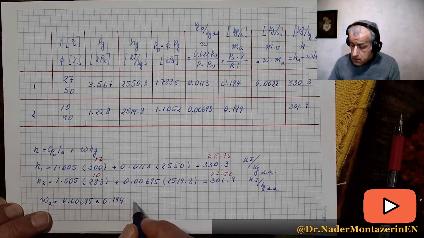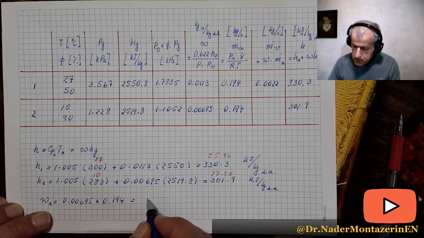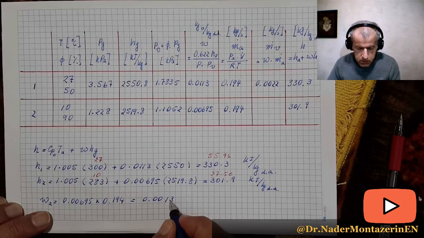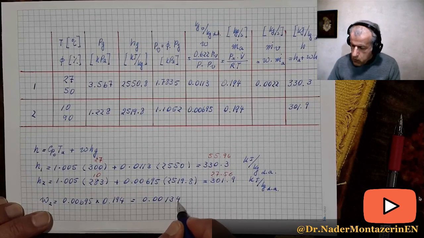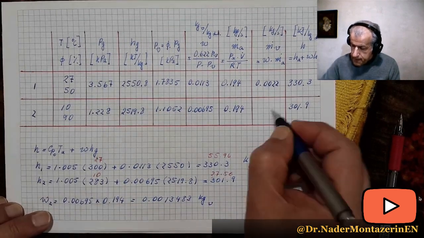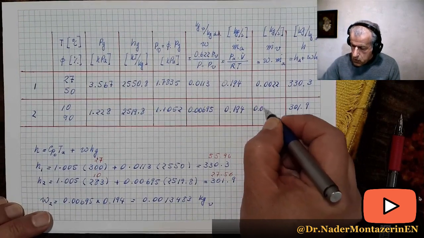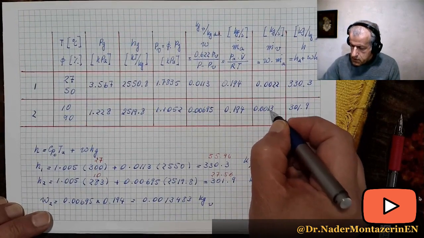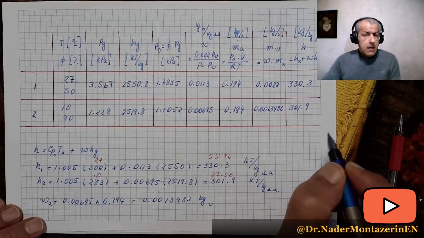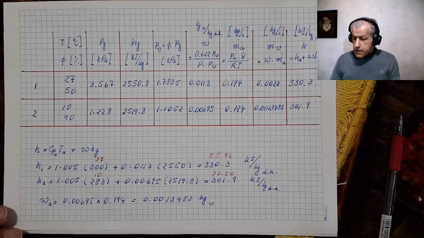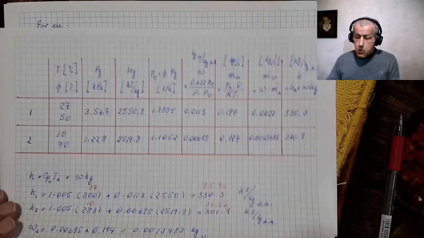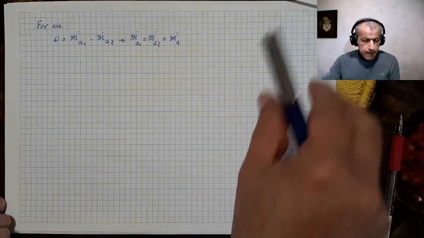Air mass flow rate doesn't change, and that equals 0.0013483 kilograms of vapor. And here we have all the properties that we need for points 1 and 2.